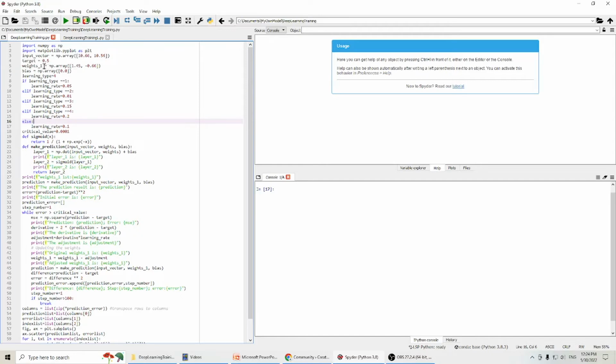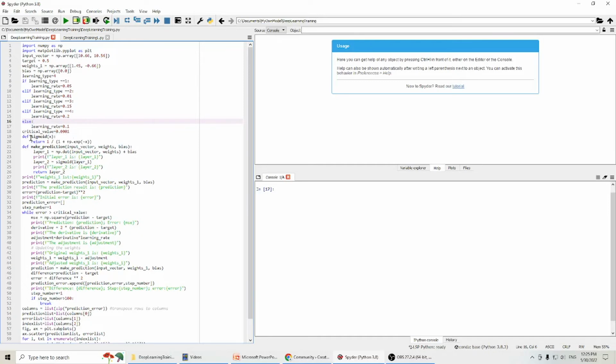I give weight 1 some initial value here, and we are going to check how we can pick our learning rate. And I put a critical value here at 0.0001. That means if the error is under this critical value, I'm going to stop training my model.